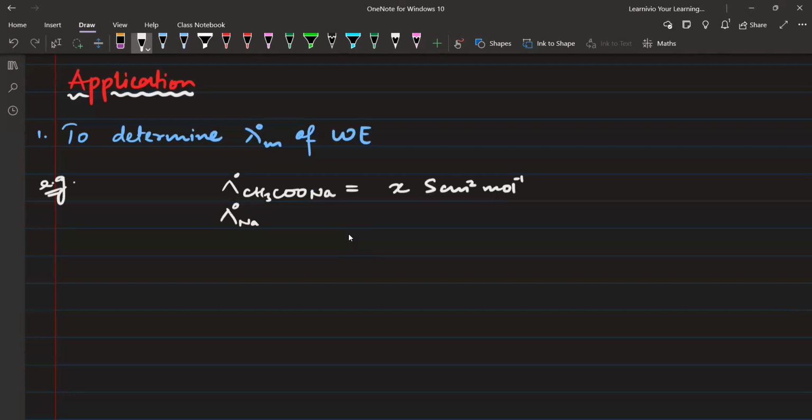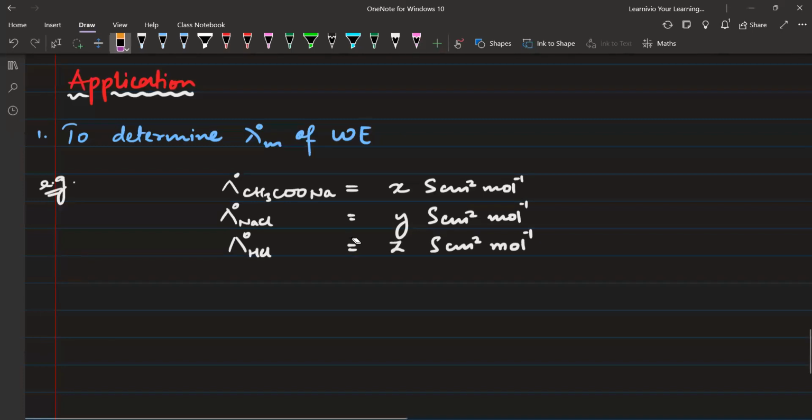Lambda naught of NaCl is given as Y Siemens centimeter square mole inverse. Lambda naught of HCl is given as Z Siemens centimeter square mole inverse. They're asking, find lambda naught m of CH3COOH.